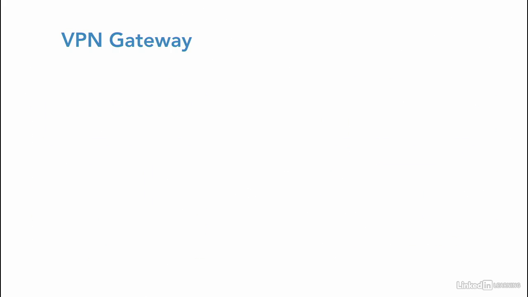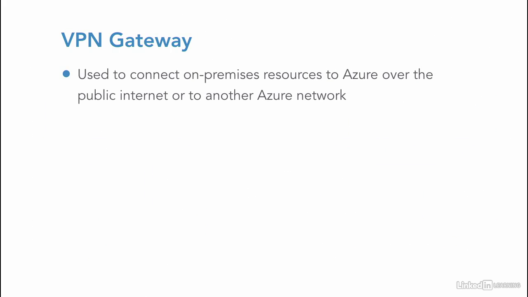I've mentioned a VPN gateway, and it can be used to connect on-premises to Azure over the public internet, or in the example we just saw, to another Azure network. When we use a VPN gateway, the traffic is encrypted, meaning nobody can see that traffic as it's traversing the internet.